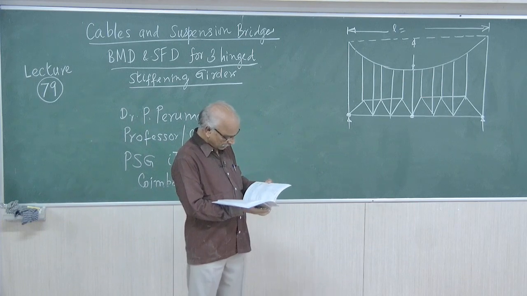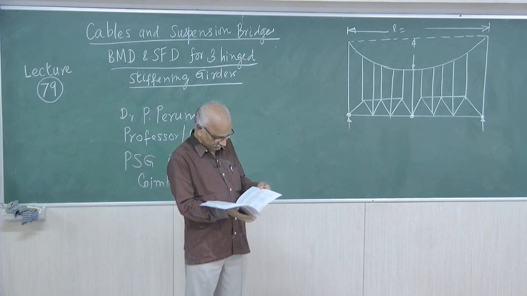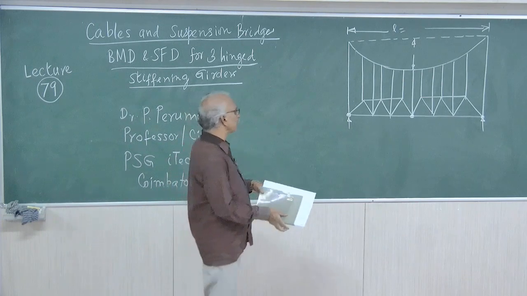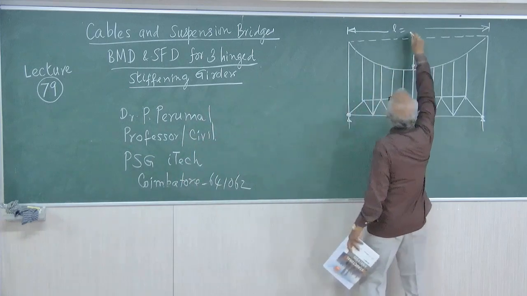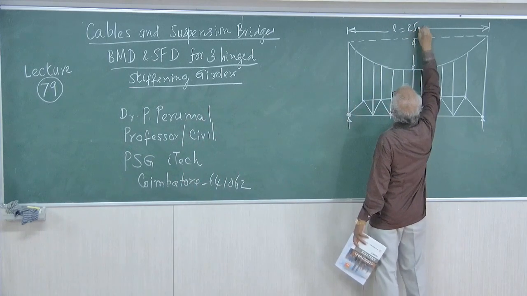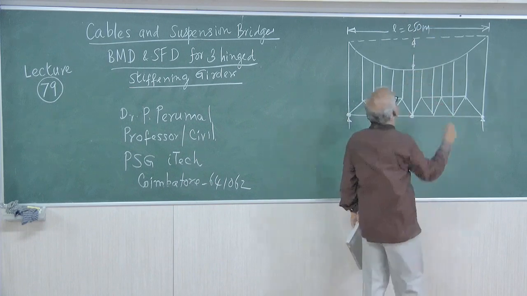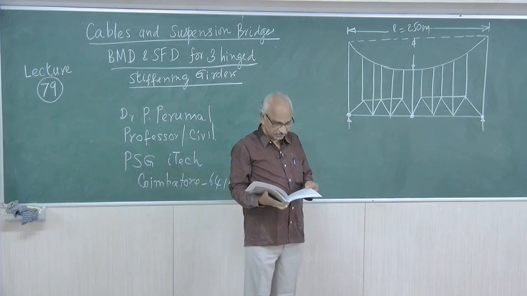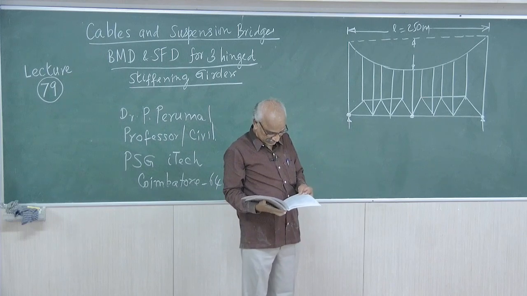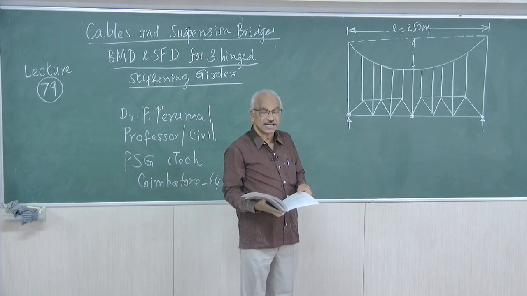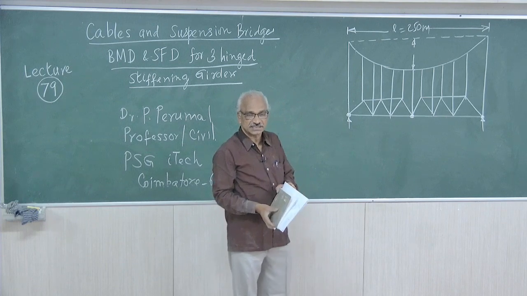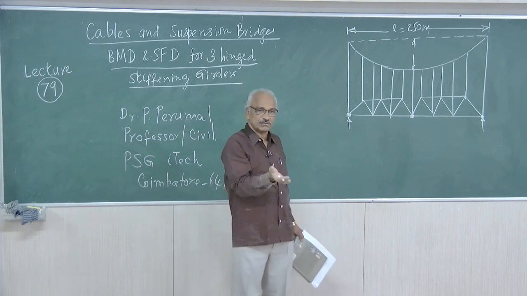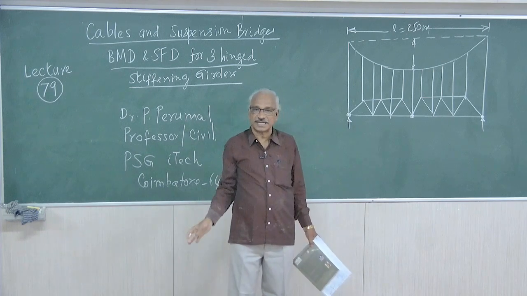Now, a suspension bridge of 250 meters span, L equal to 250 meters, has 2 numbers of three-hinged stiffening girders, that is, in the bridge we will have one on the left hand side and one on the right hand side.